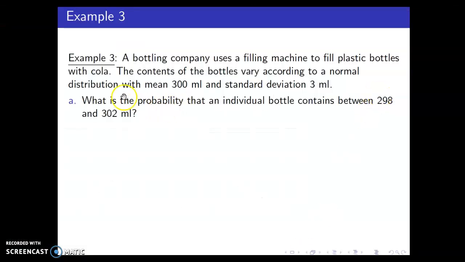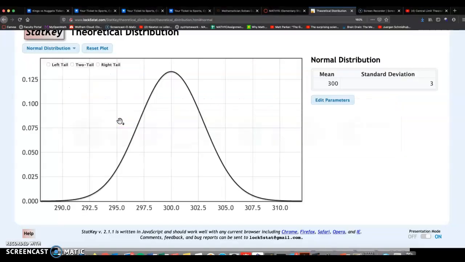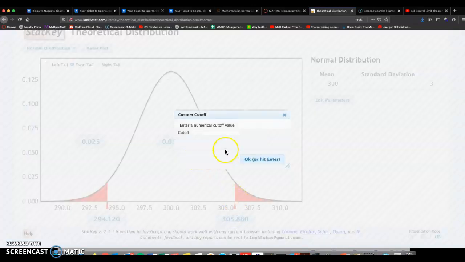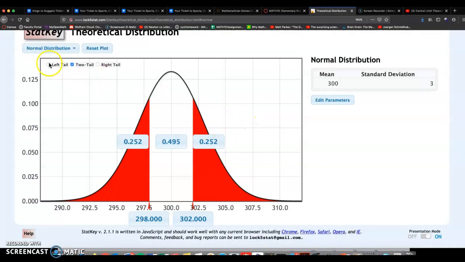And now for this example, we want the probability that the individual bottle contains between 298 and 302. So if I go back here, I can do this 2 different ways. If I click on two tail, and I make this larger value 302. Notice right here, the two tail is always going to be perfectly symmetric, centered around the middle. So 302 to 298 is centered around here.